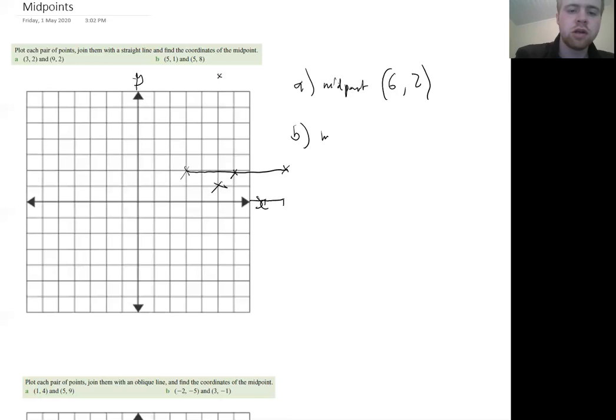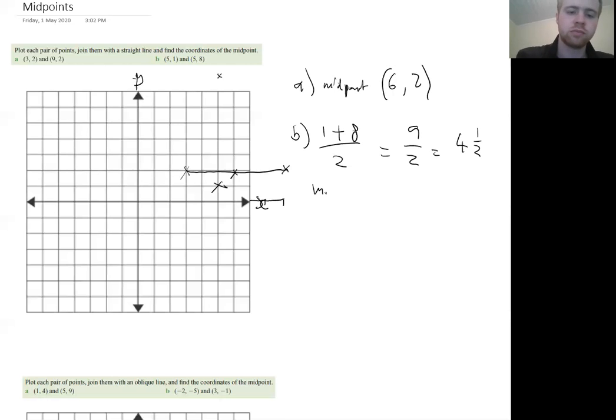So at the midpoint, 1 plus 8 over 2 equals 9 over 2, or we could write that as 4.5. So the improper fraction is 9 over 2, the mixed numeral is 4.5.